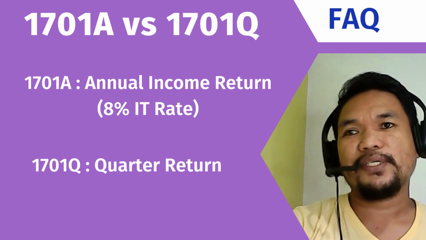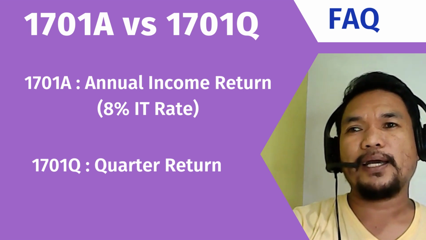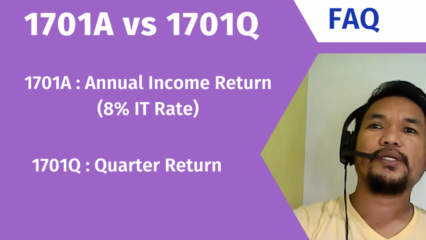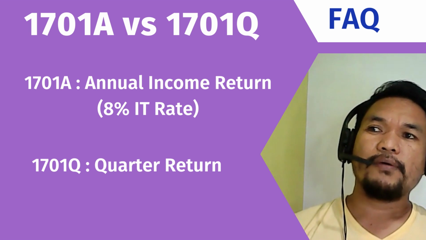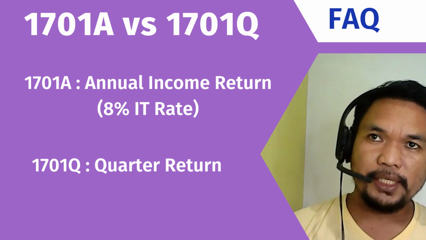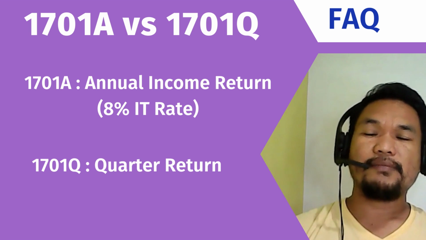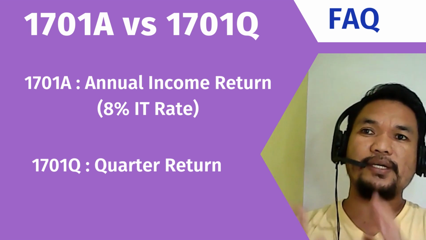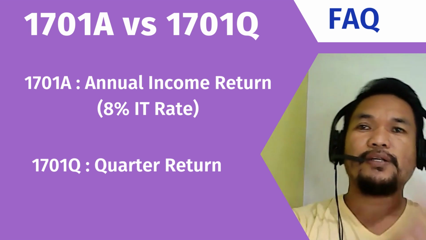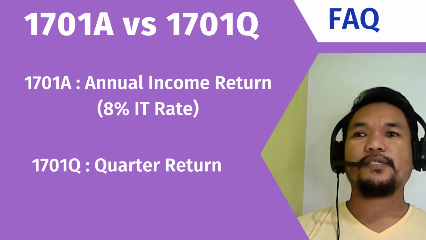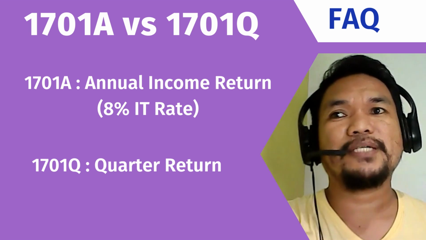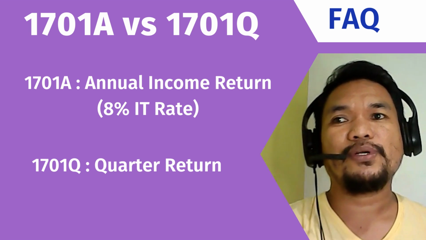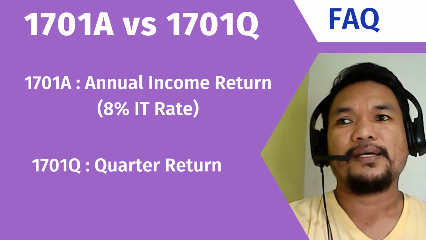This is the quarterly return you submit for the first quarter, January, February, March income, and the deadline will be May 15. Then the next quarters, second and third. There is no fourth quarter because the fourth quarter is your annual income tax return. So up to third quarter only.